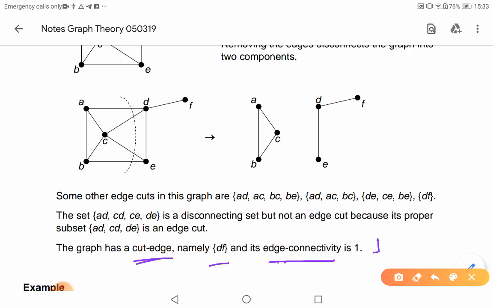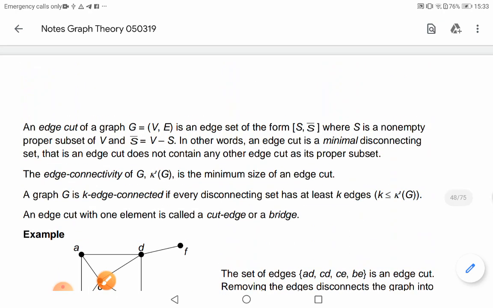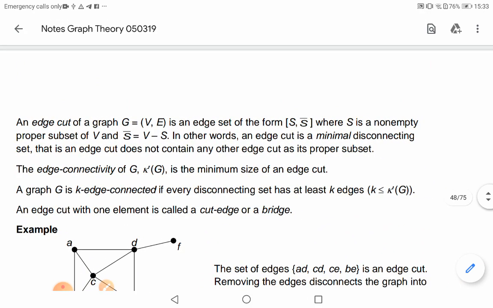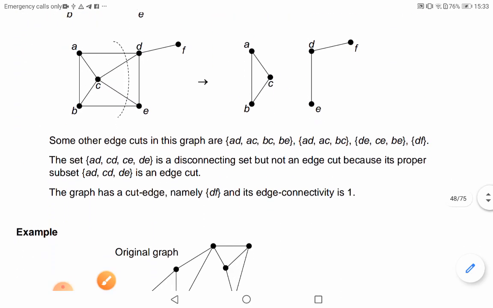Edge connectivity is 1, so we say that kappa prime G equals 1. Okay, you have to remember edge connectivity is kappa prime G.